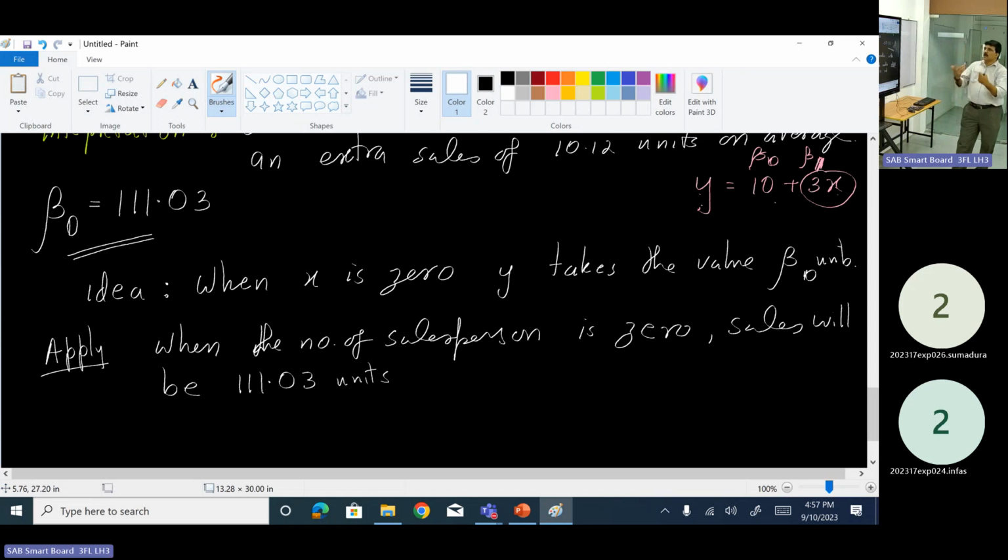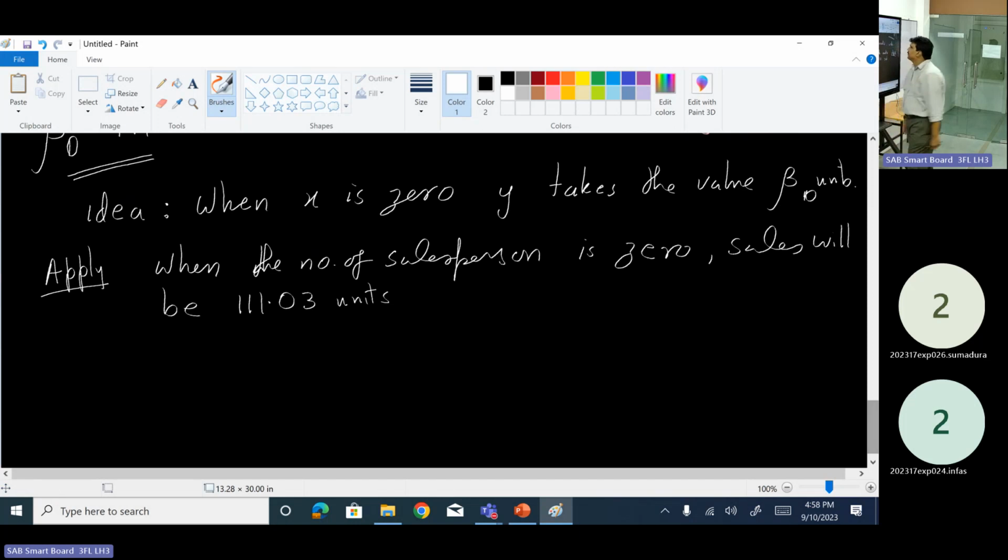When the number of salesperson is 0, sales will be 111.03. So now we put this in a nice format.